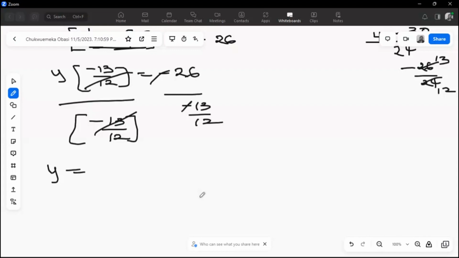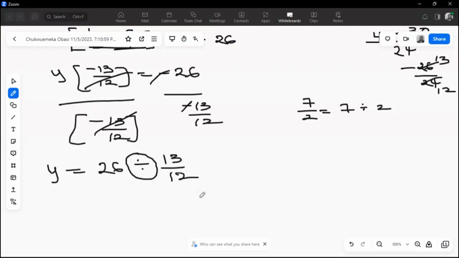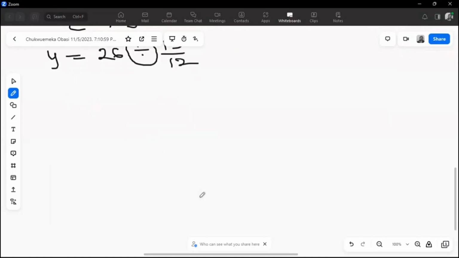Remember, when you have 7/2, you can write it as 7 divided by 2. So that will be 26 divided by 13 over 12. And you know, we don't work with the division sign in math. We change division to multiplication. And here we go.